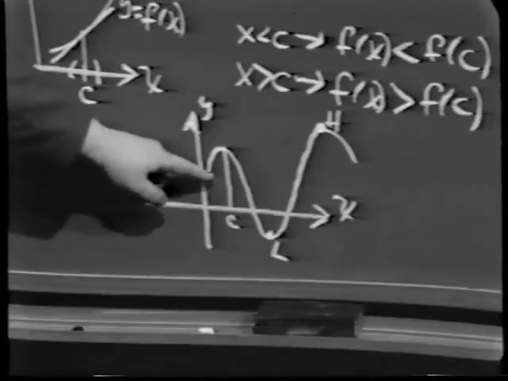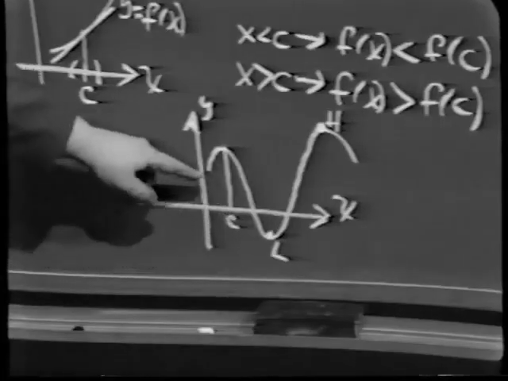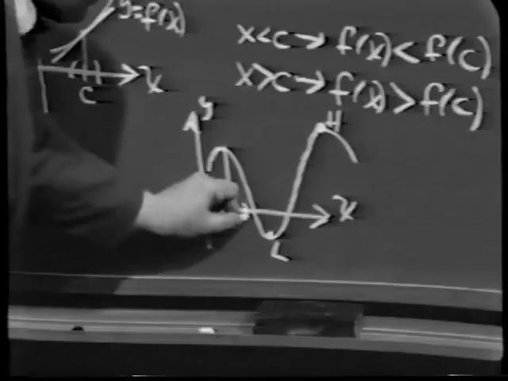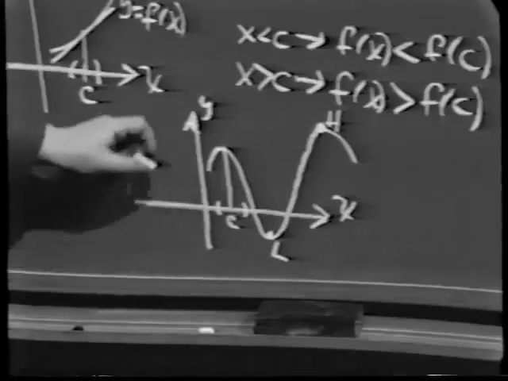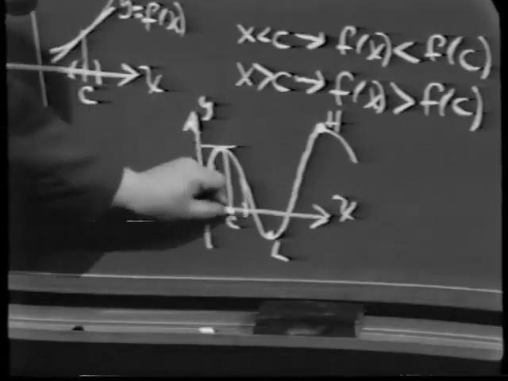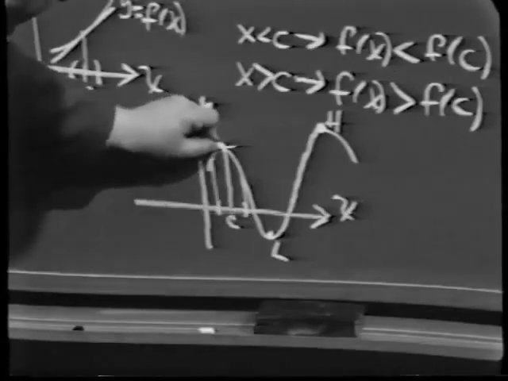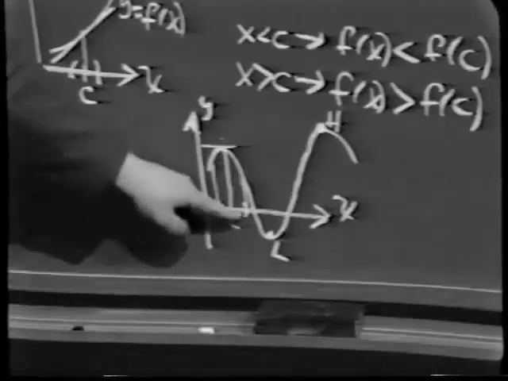What I'd like you to see, however, is that our definition talks about what? In a neighborhood of the given point. You see, what we're saying here is that if we pick an appropriately chosen neighborhood surrounding c, then at the value of x corresponding to c, f of c is the highest point in a suitable neighborhood of c.